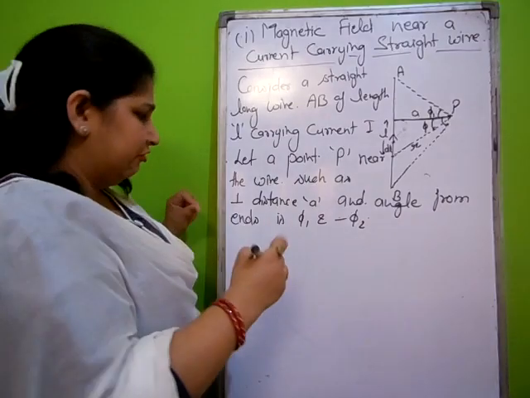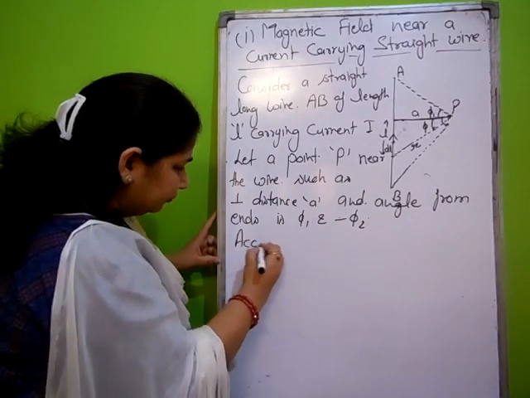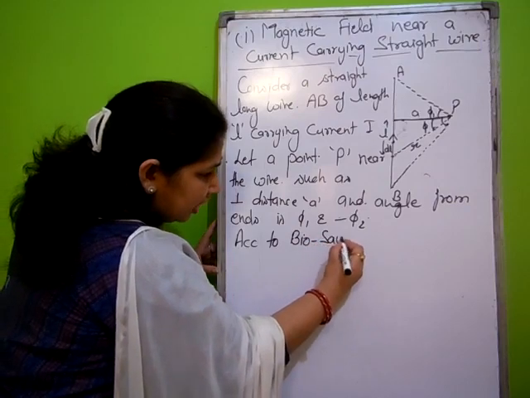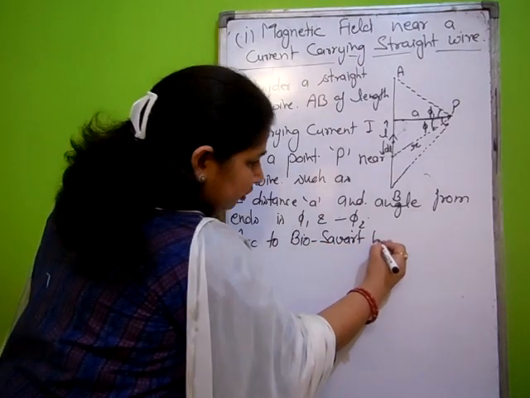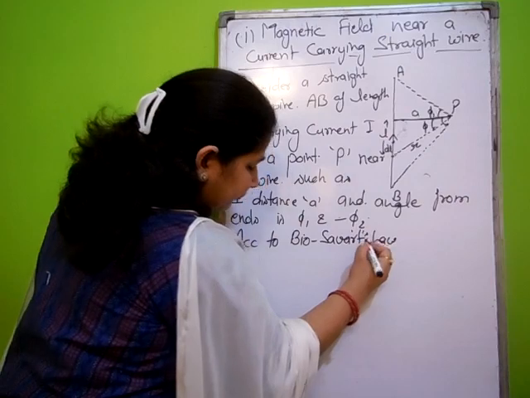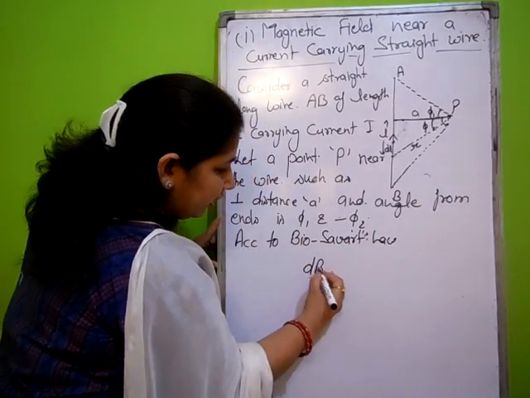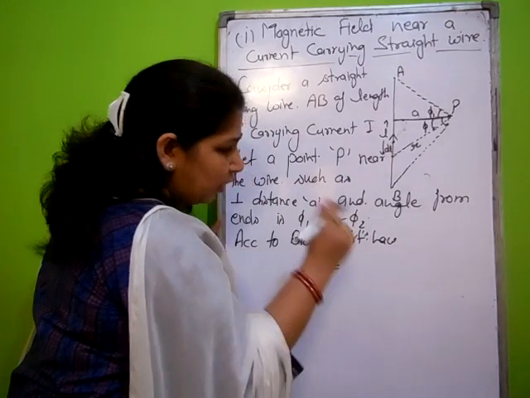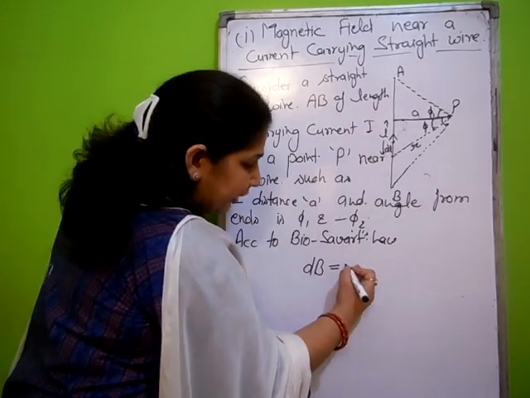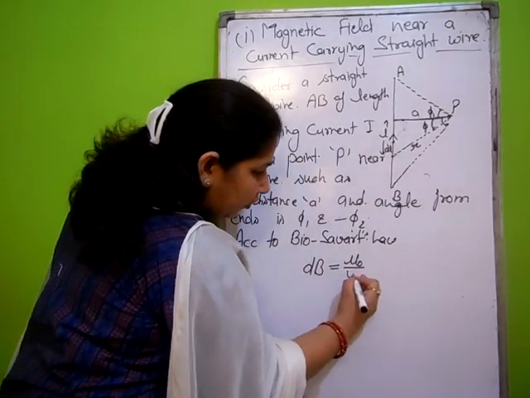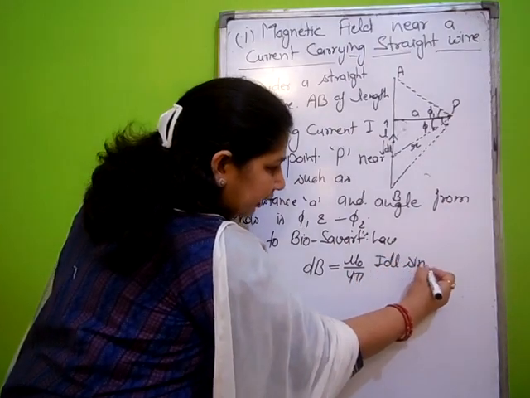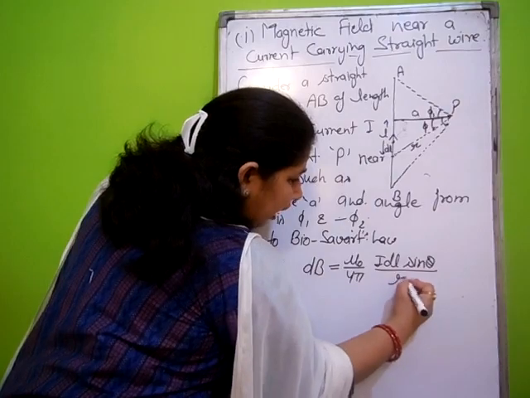Then what do we have? According to Biot-Savart law, dB, a small amount of magnetic field due to a small length of current element, is mu naught upon 4 pi, I dL sin theta upon r squared.